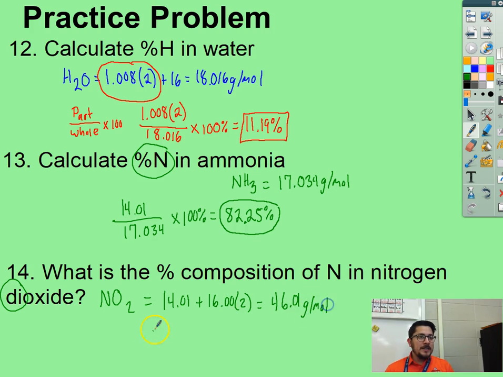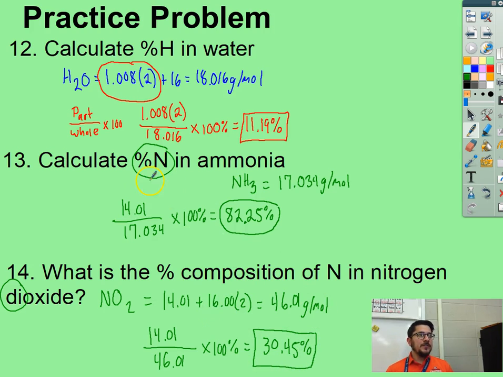They want to know just the nitrogen, so that is 14.01. There's only one of them, so I don't need to multiply it. Divided by 46.01 times 100%, and I got 30.45%. Notice, even though I'm finding nitrogen in both of these, it depends how big the molecule is and how many nitrogens are actually in it to tell me what the percent is.